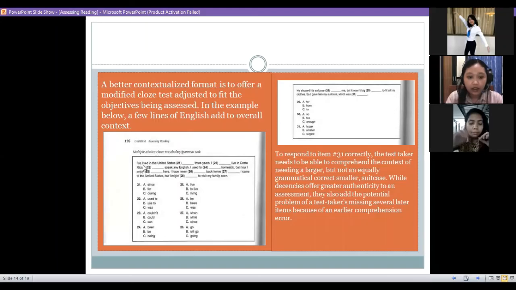Tasks. I have lived in the United States for 3 years. The answer to number 21 you can find in here.